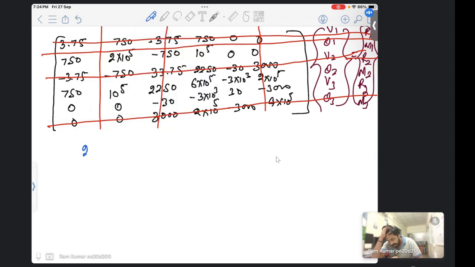There will be 2, 10 power 5. This one will remain, this one, this one, this one.